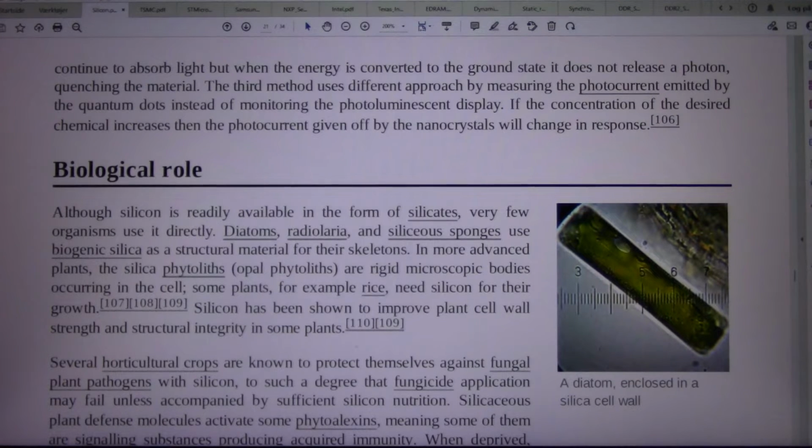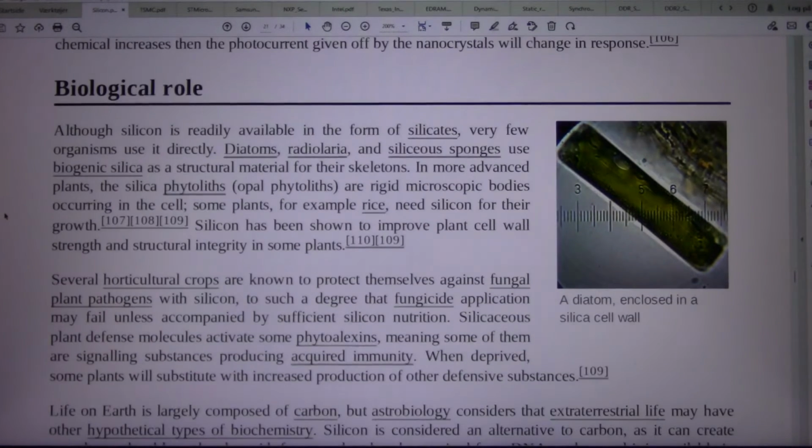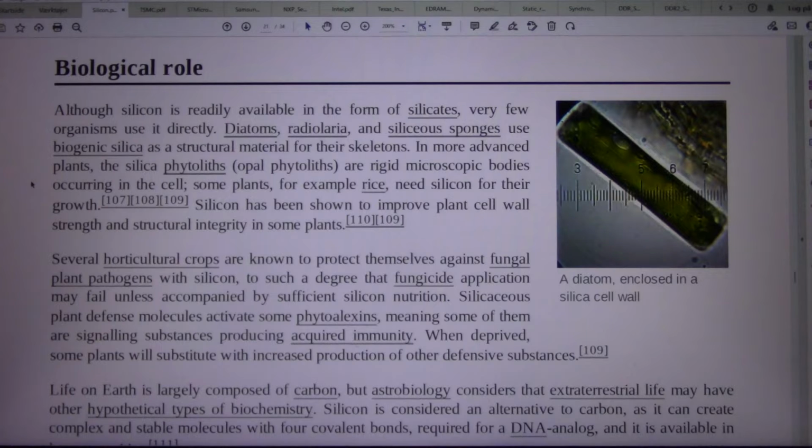Biological role. A diatom, enclosed in a silica cell wall. Although silicon is readily available in the form of silicates, very few organisms use it directly. Diatoms, radiolaria, and siliceous sponges use biogenic silica as a structural material for their skeletons.